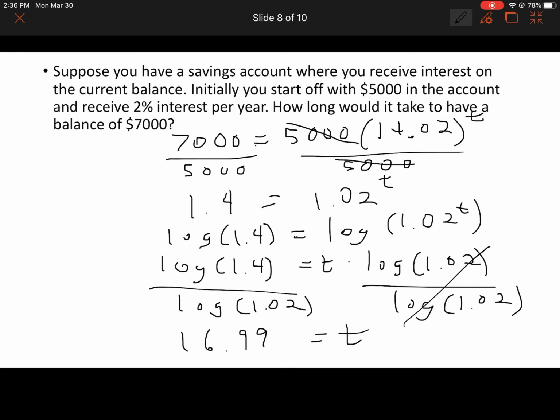Let me put that. 16.99 years is your t in order for you to have a balance of $7,000.